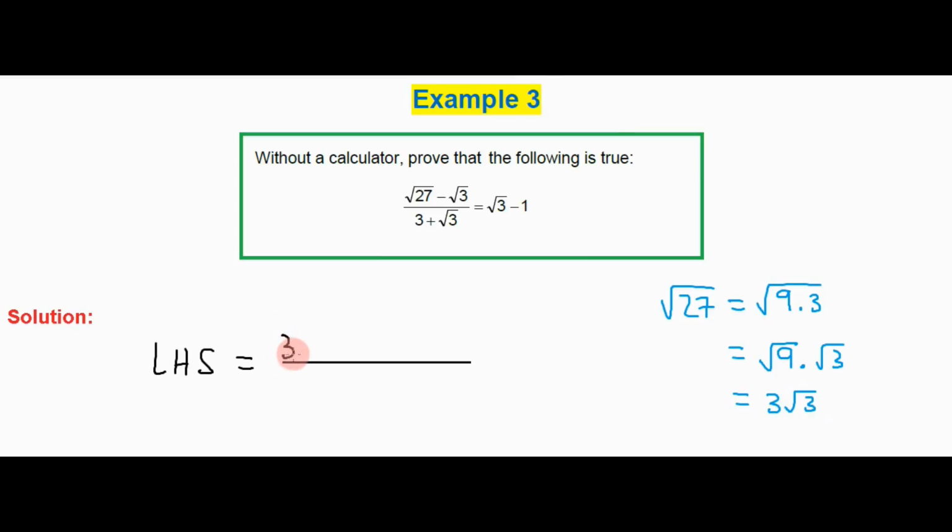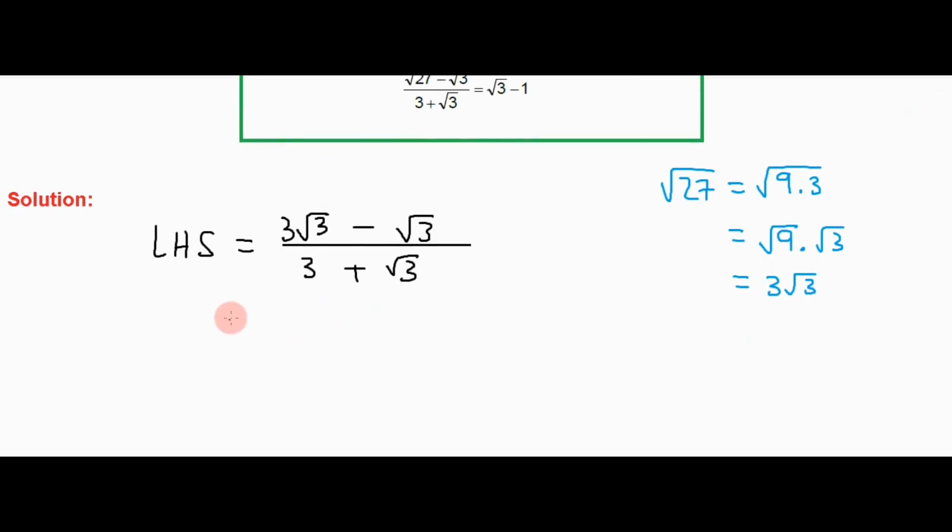So we have 3 times the square root of 3 less the square root of 3 in the numerator. We can add like terms in a numerator. So 3 root 3 less 1 root 3 is 2 root 3.